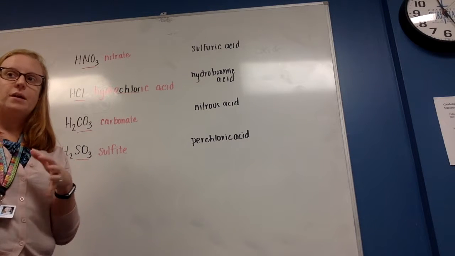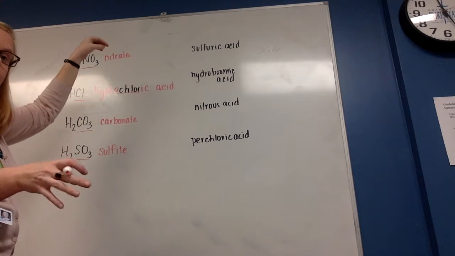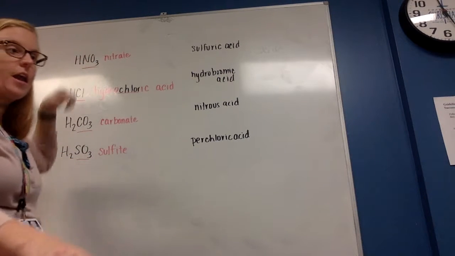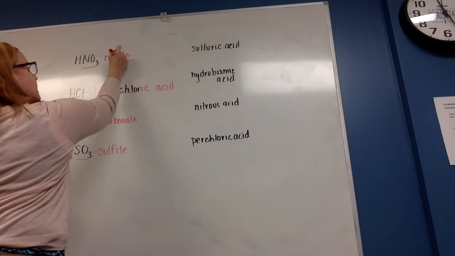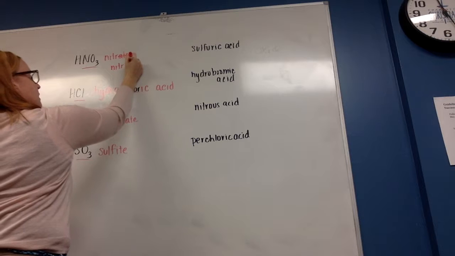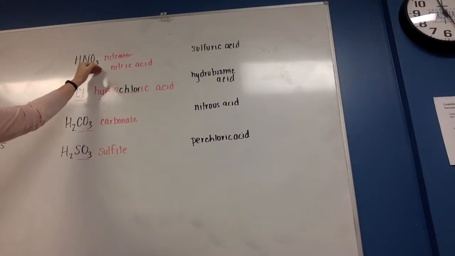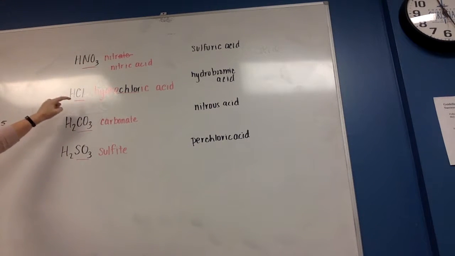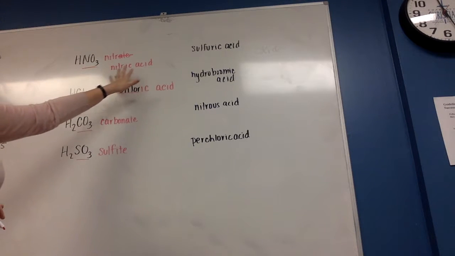If, on your pretty, the polyatomic ion ends in ate, you change the ending ate to ic and add acid. Notice that you don't put the hydro. The hydro only goes at the beginning of a name of an acid that is one element. Just one. So this is nitric acid.